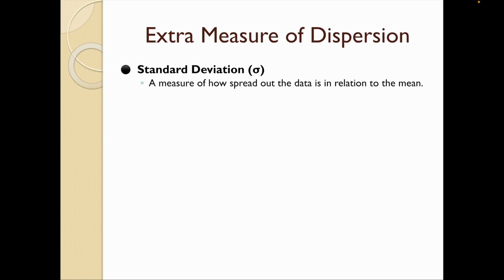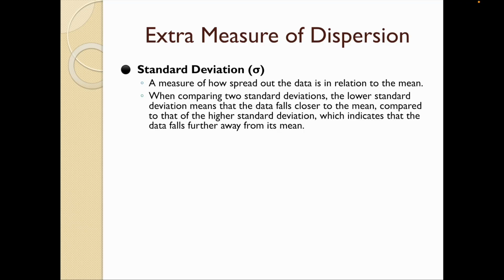So standard deviation is basically the measure of how spread out the data is in relation to the mean. When you compare two standard deviations, the one that is lower relative to the next has data that falls closer to the mean. Think of a lower standard deviation as someone who is shy and kind of close to their mom or dad.